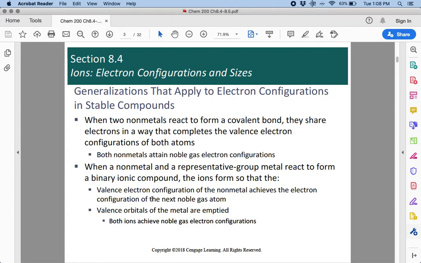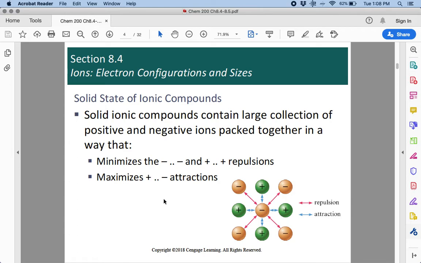Everyone's trying to get to a noble gas configuration, but unlike in a covalent compound where they share electrons, in an ionic bond the metal gives up electrons to attain a noble gas configuration, and the nonmetal, the anion, gains electrons to achieve that noble gas configuration.